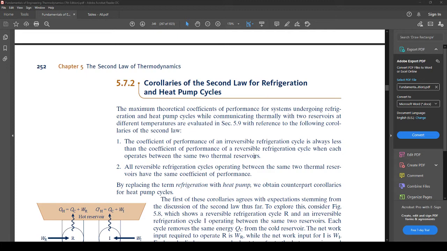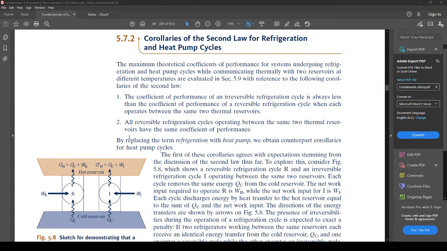So then it says, corollaries of the second law for refrigeration and heat pump cycles. The maximum theoretical coefficients of performance for systems undergoing refrigeration and heat pump cycles while communicating thermally with two reservoirs at different temperatures are evaluated in 5.9 with reference to the following corollaries to the second law. The coefficient of performance of an irreversible refrigeration cycle is always less than the coefficient of performance of a reversible cycle when each operates between the same two reservoirs. So this is the same thing as power cycles, right? We've basically talked about these already.